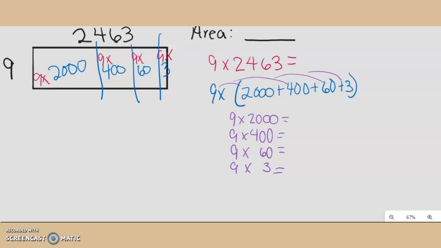Okay, so I know that 9 times 2 is 18, and then you're going to add 3 zeros behind it: 1, 2, 3. 9 times 4 is 36, and we're going to add 2 zeros behind the number: 1, 2, and then 36. 9 times 6 is 54 plus 1 zero, and that's 540. And 9 times 3 is 27, so 27.